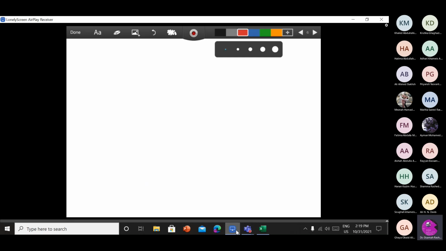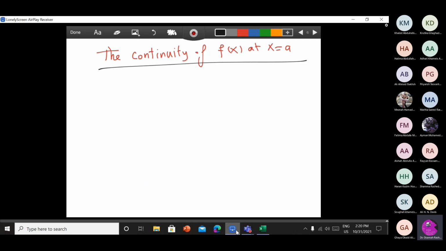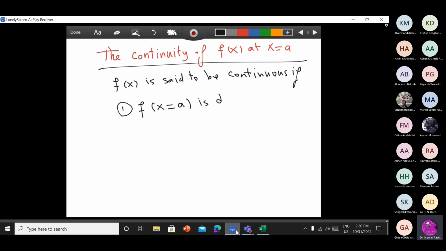Okay. Now we come to the continuity of f of x at x equal to a. We say f of x is continuous if, what? The first condition, f at x equal to a is defined.